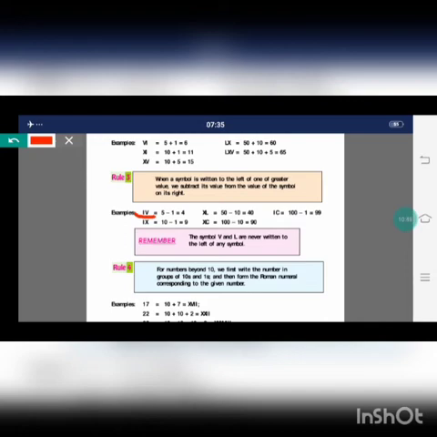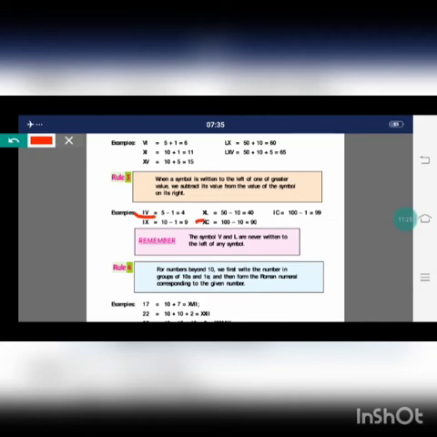So here is written lower number to the left side of greater number. greater number के left side में lower number लिखे हैं. Okay, so V 5 greater number, I 1 smallest number. So we have to subtract here, 5 minus 1 is equal to 4.